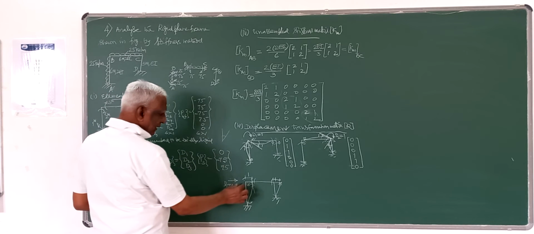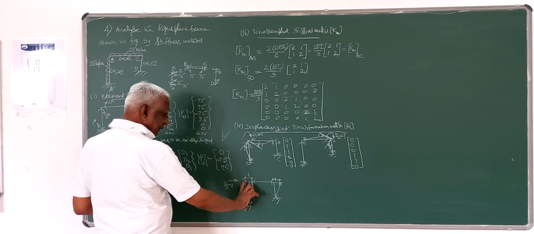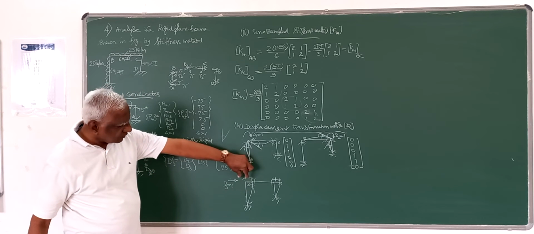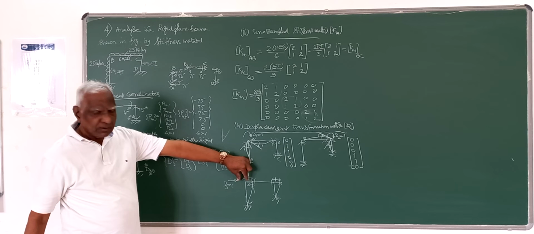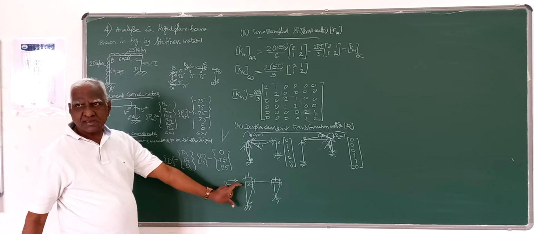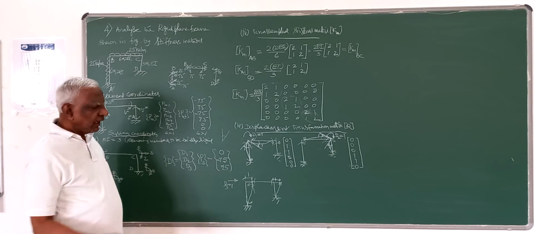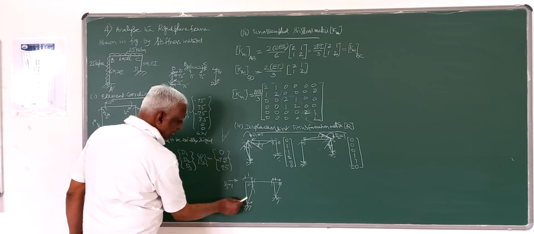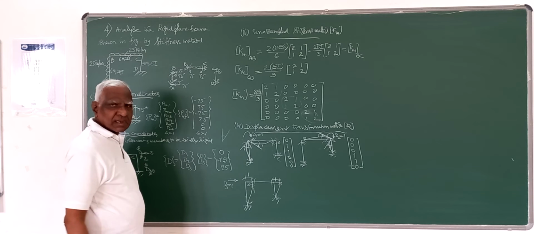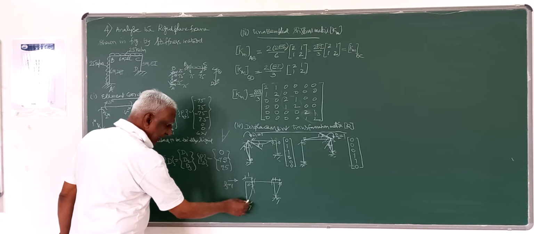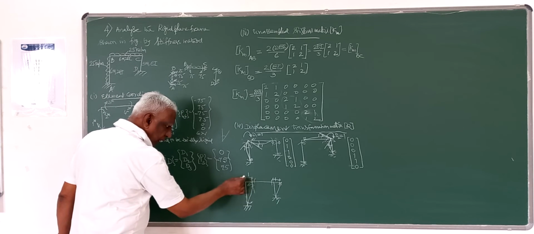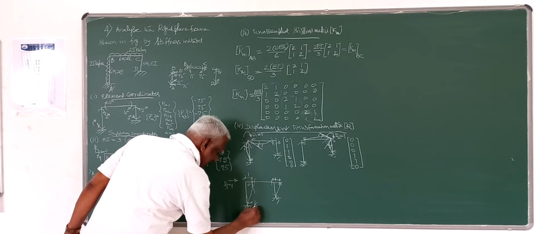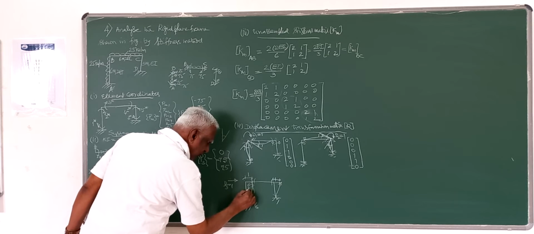So that angle will be 1 divided by height. That is tan theta. Tan theta is equal to whatever displacement is given, 1, divided by this. I can take tan theta as equal to theta. That is the actual rotation which has taken place. And that rotation is tan theta, which is nothing but 1 divided by 6. So it is 1 by 6. Here also it is 1 by 6.